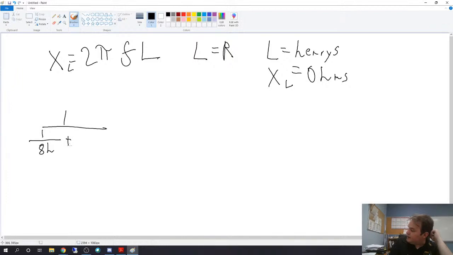Now these other 2 are given in millihenries, so you have to move the decimal 3 times. And that'll be 800 will be 1 over 0.8 henries. And then 80 will be 1 over 0.08 henries. So let's use our calculator.